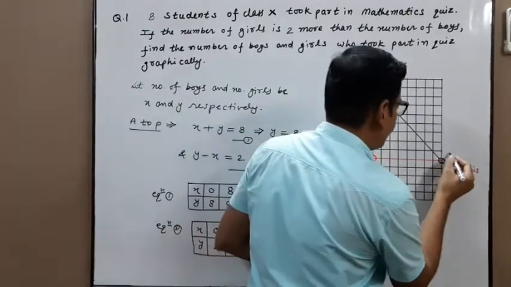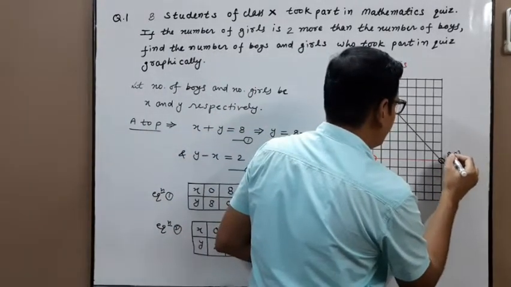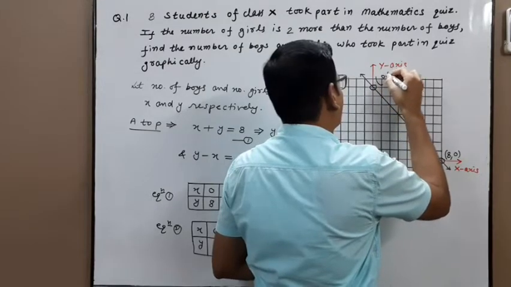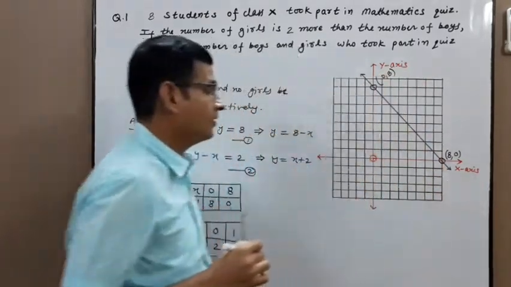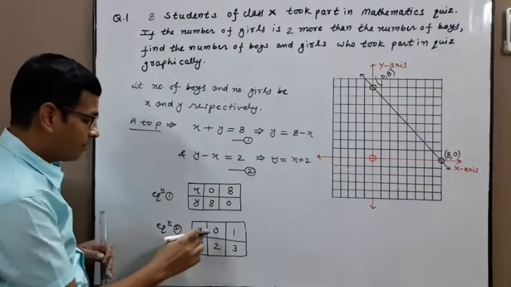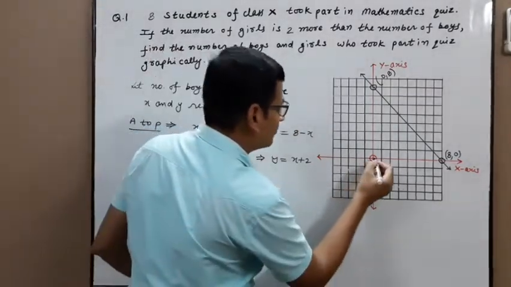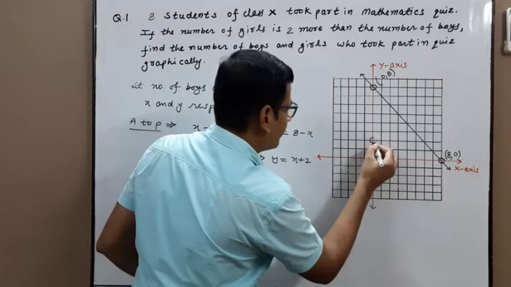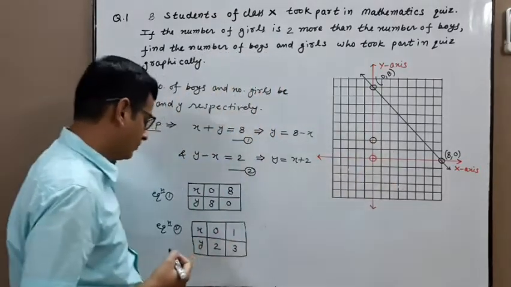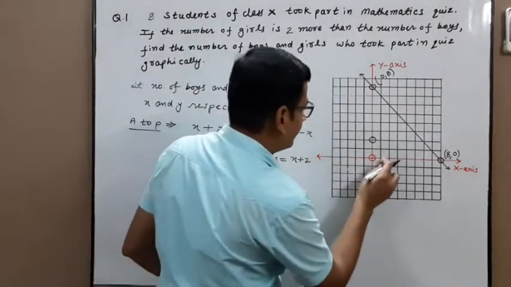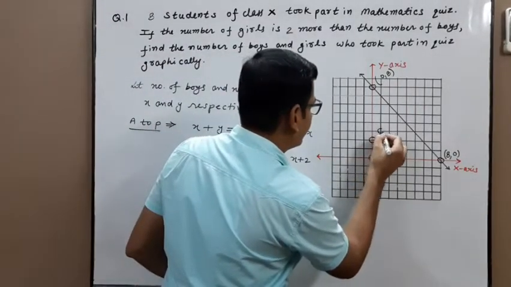This is (8, 0) and this point is (0, 8). Now (0, 2). Where is (0, 2)? This point (0, 2) and (1, 3), this point.